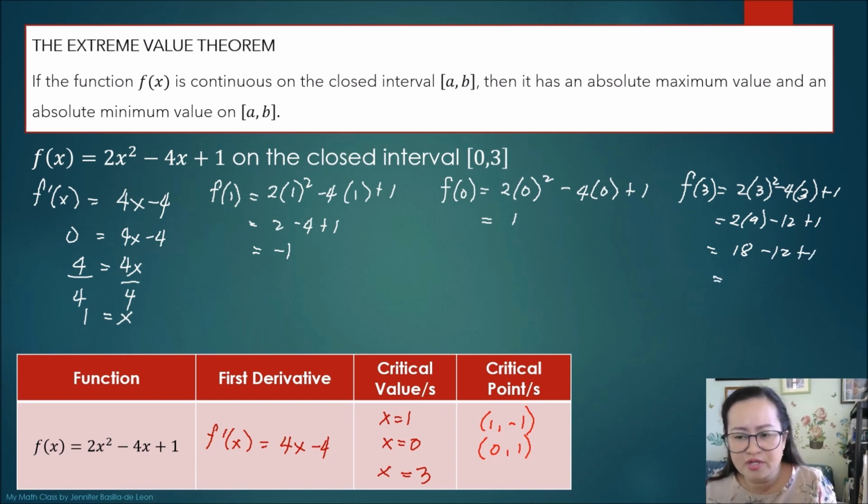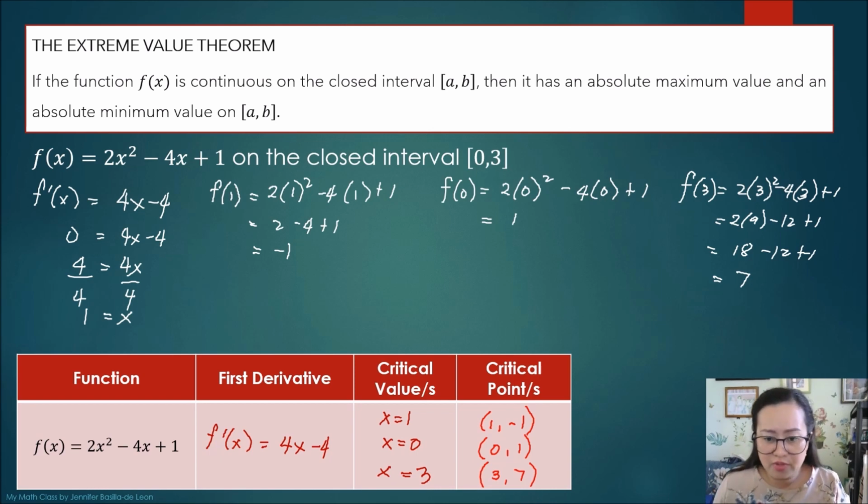Simplifying further, we will have 7. So the critical point would be (3, 7). And then we are ready to determine whether it's a relative minimum, maximum, or an absolute maximum or minimum value.